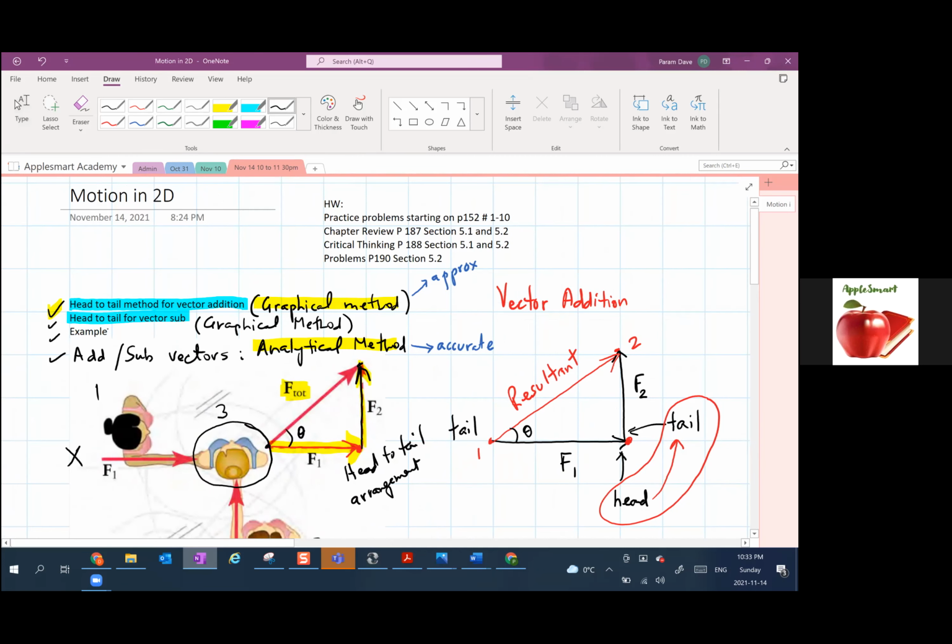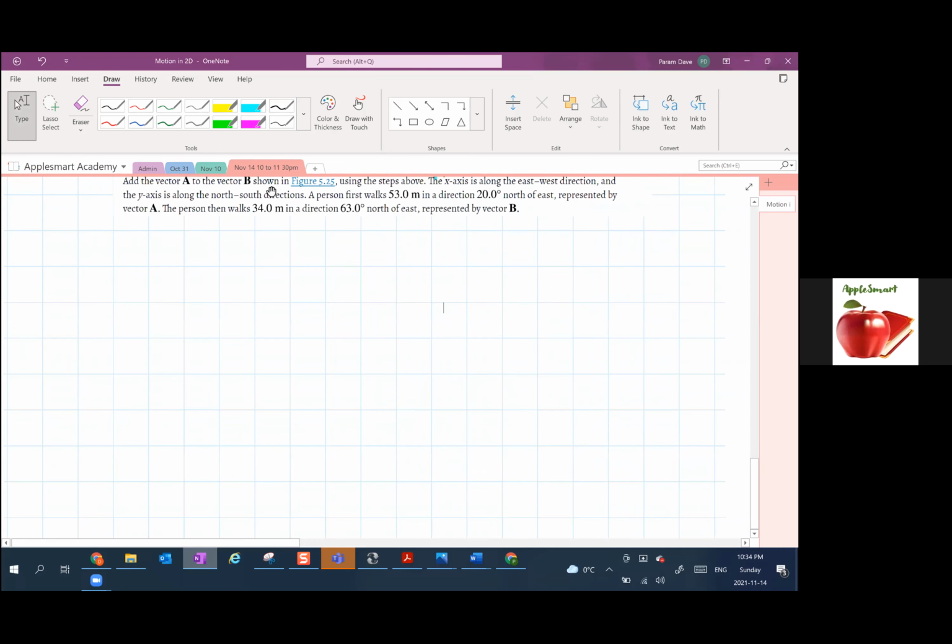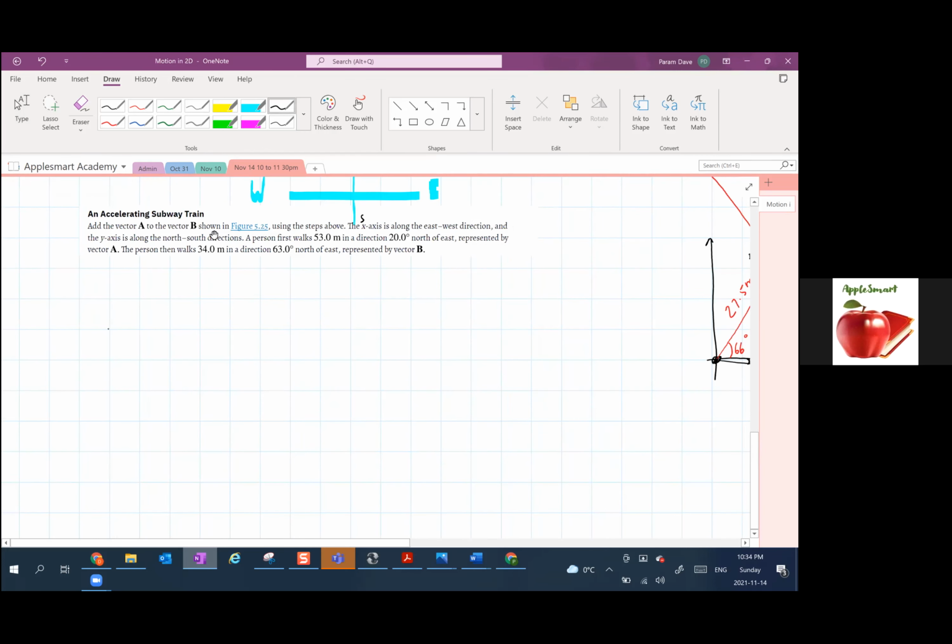Before we do this, let me quickly ask you one question. Let's say I have my y-axis and my x-axis, and a force vector, for example. This angle is 30 degrees and the force value is 20 newtons.